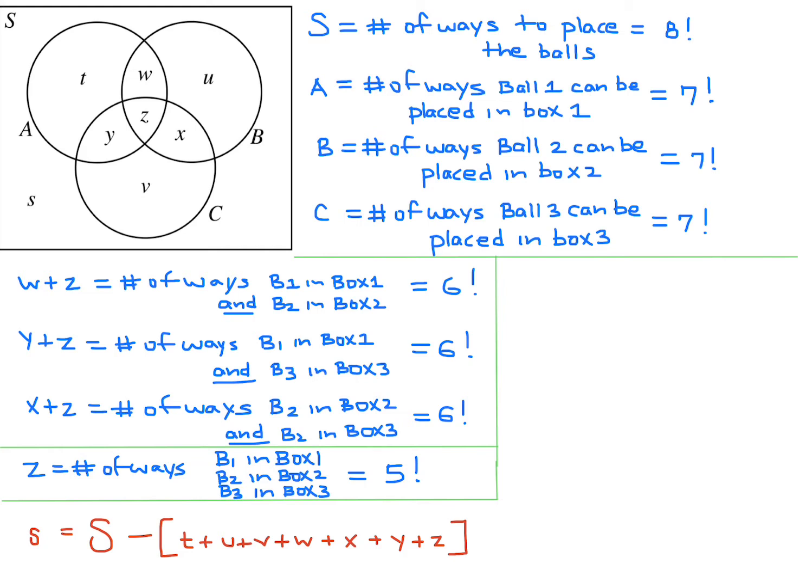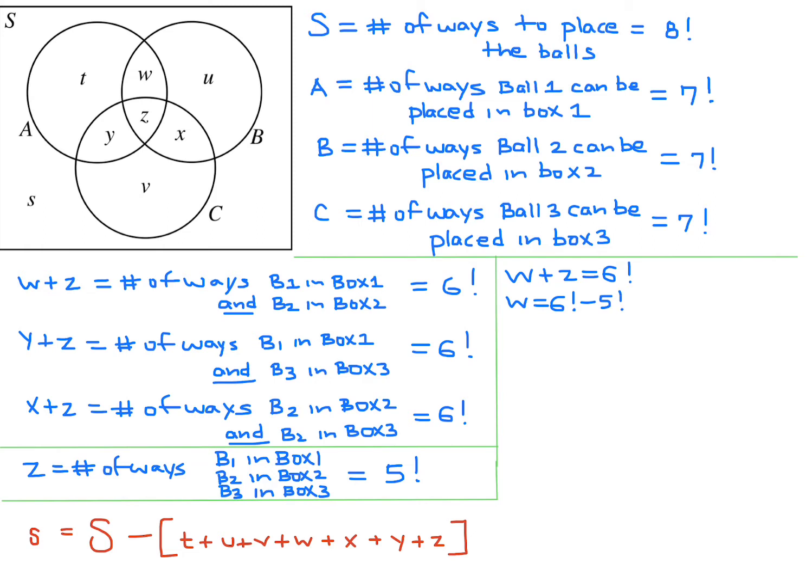Okay, so first let's figure out what this W plus Z is. Well, we know what that is. That is 6 factorial. We figured that out. But I can use that to isolate for W. W, therefore, is 6 factorial minus Z, but Z is 5 factorial. So 6 factorial minus 5 factorial.